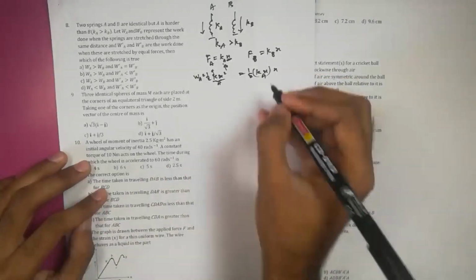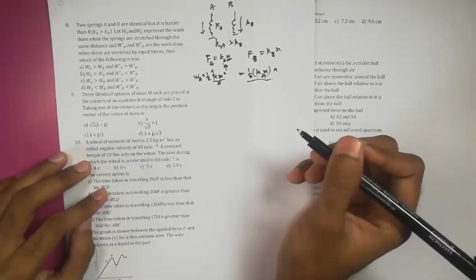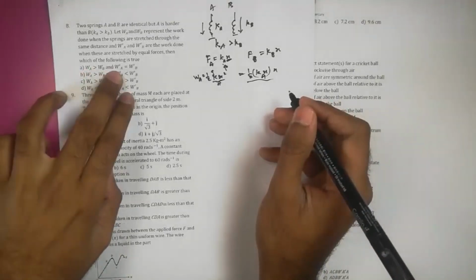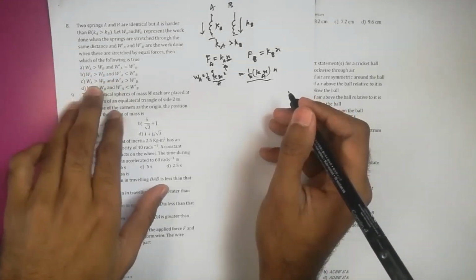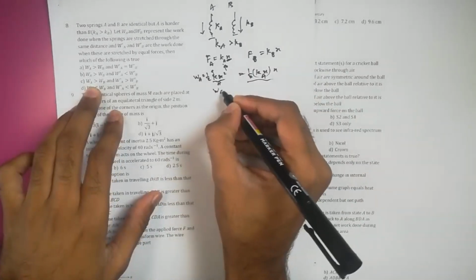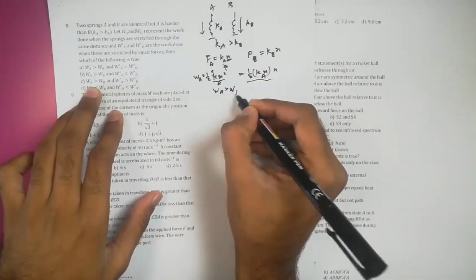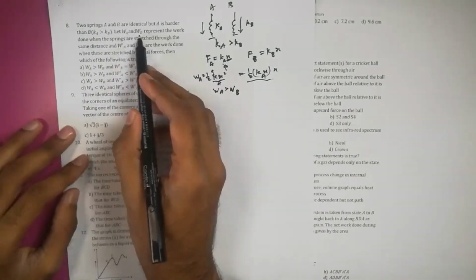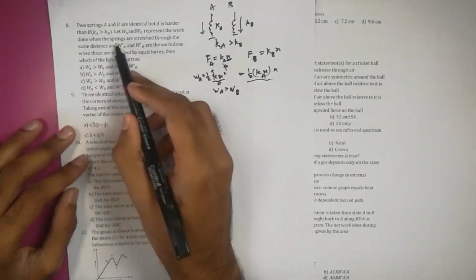So if we compare A and B, you can find that work done by body A will be greater than work done by body B. Let WA and WB represent the work done when the springs are stretched through the same distances. Now, WA prime and WB prime are the work done when they are stretched by equal forces.